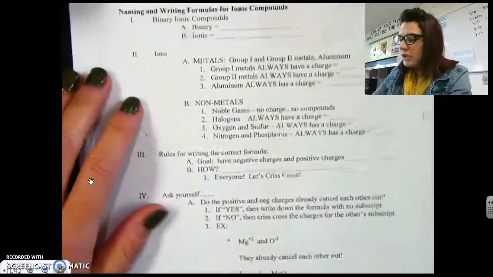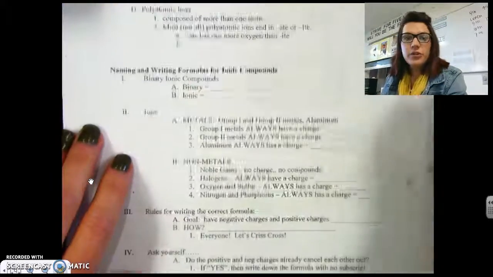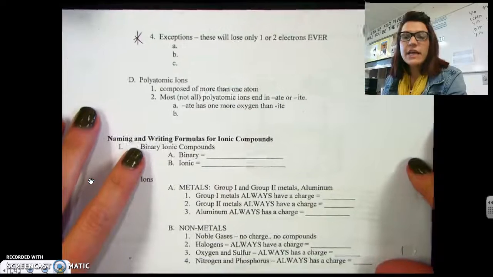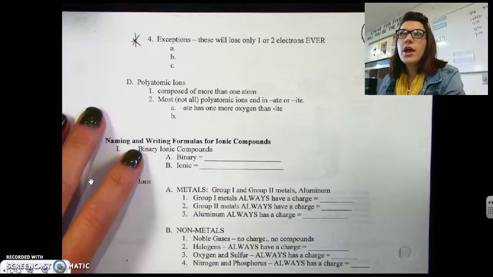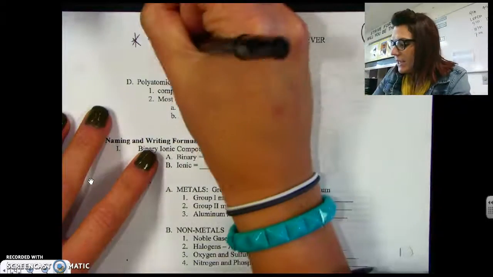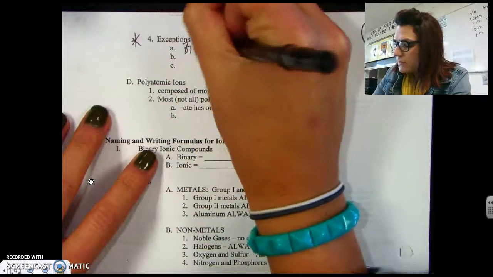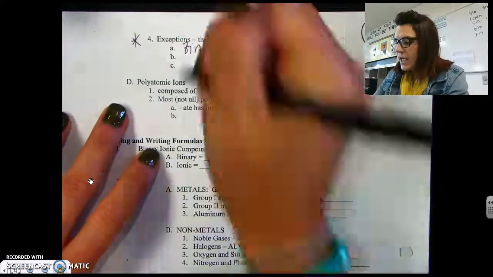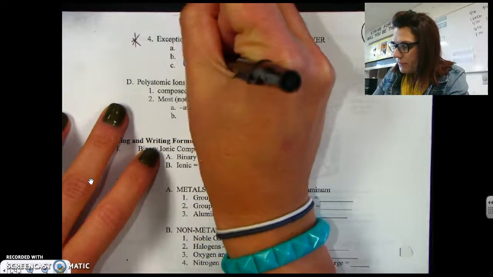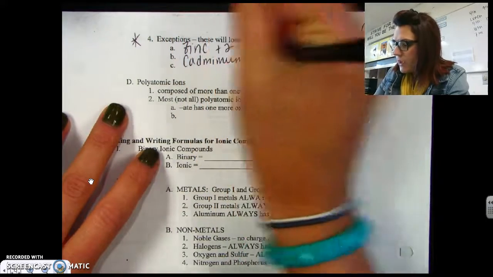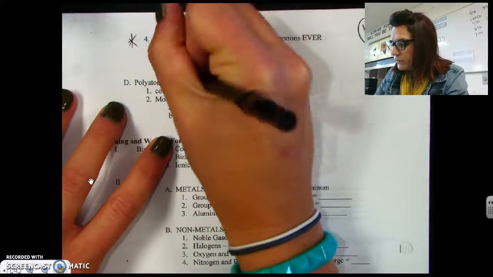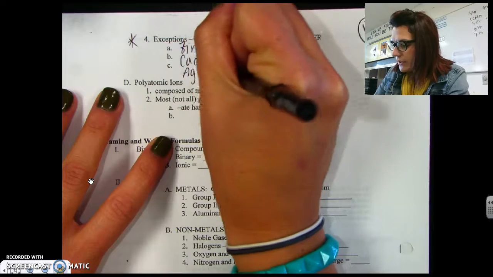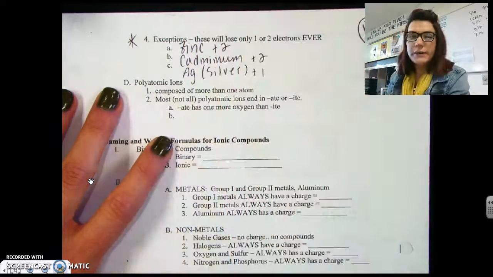Except for, and you need to have these memorized, there are 3 transition metals that only lose 1 or 2 electrons ever. Zinc is always +2, cadmium is always +2, and silver, or Ag, is always +1.